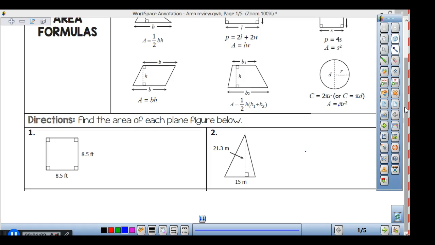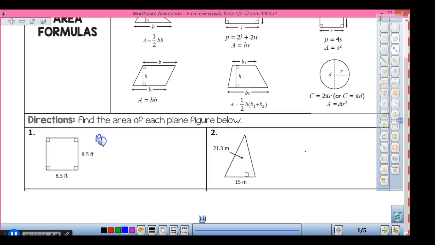Area, what is this thing? It doesn't look like a square, but it is a square, or a rectangle, because a square is a rectangle. So how am I going to find my area? Area equals 8.5 times 8.5. 72 point what? 72.25?